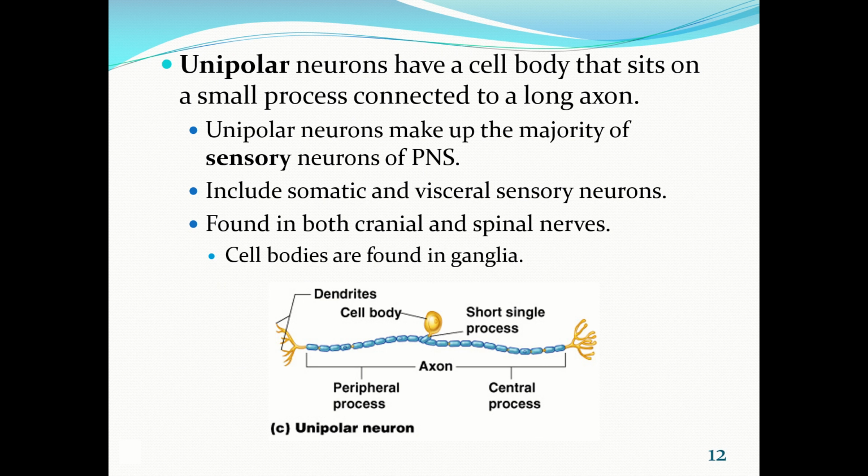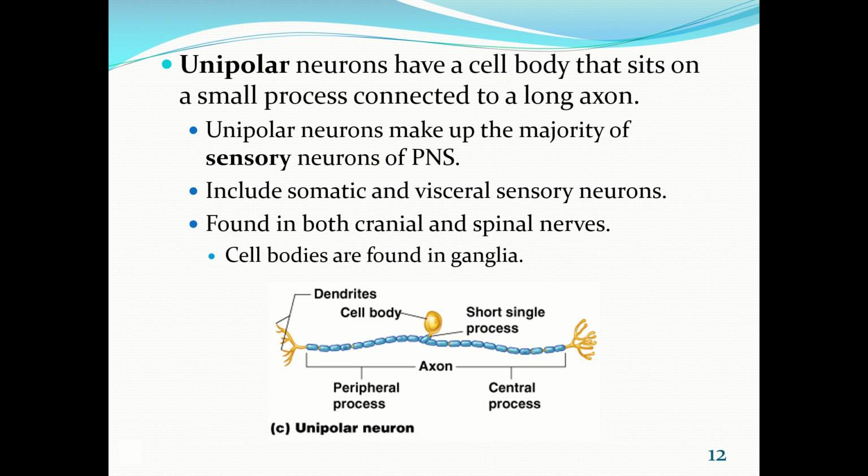So unipolar neurons have a cell body that sits on a small process connected to a long axon. Unipolar neurons make up the majority of sensory neurons of the peripheral nervous system. Unipolar neurons include somatic and visceral sensory neurons, and they're found in both cranial and spinal nerves.